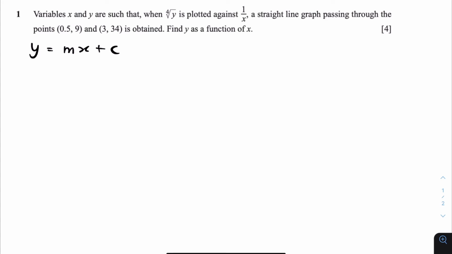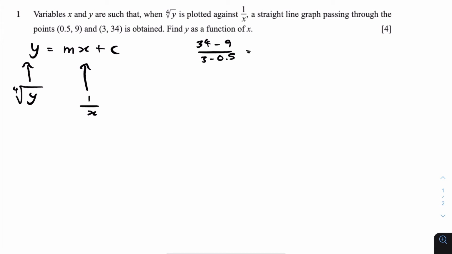And let's look at the values we'll be substituting. So y will become the fourth root of y, and x will become 1 over x, but that's later. We can first find the actual linear equation and then substitute these values in. So to find the linear equation, let's use the gradient formula: 34 minus 9 over 3 minus 0.5, which is equal to 25 over 2.5, which is just 10.